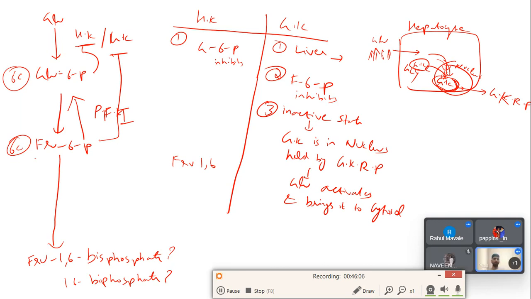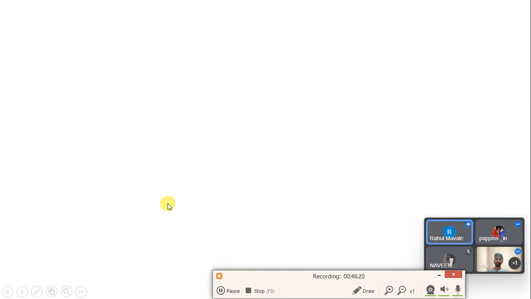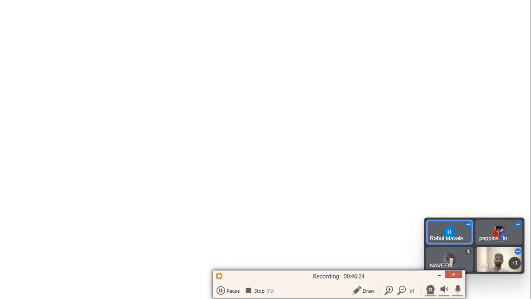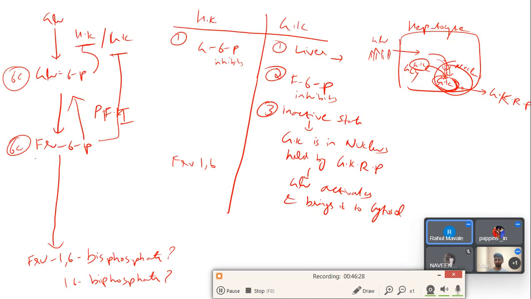It's not right. It's bisphosphate. So tell me, what is the difference between these two? What is bisphosphate and what is biphosphate? When two phosphates are attached to the same carbon, then it's biphosphate. And if they are attached to different carbons, then it's bisphosphate.